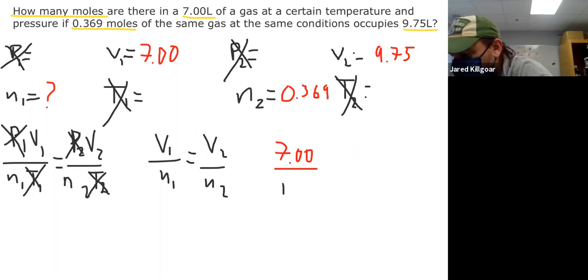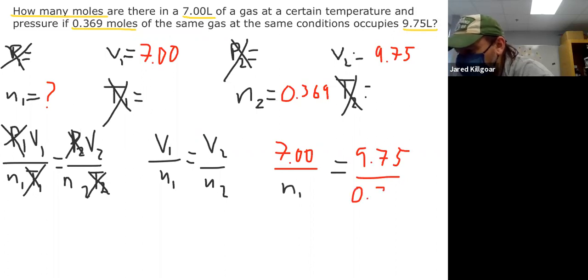You can call it X or leave it as a question mark, whatever you want, equals my V2, which is 9.75, all over my N2, which is 0.369.